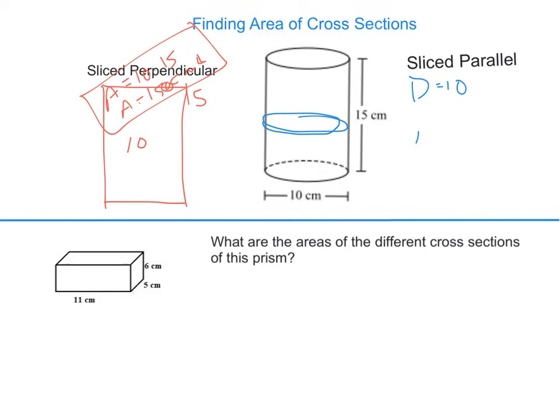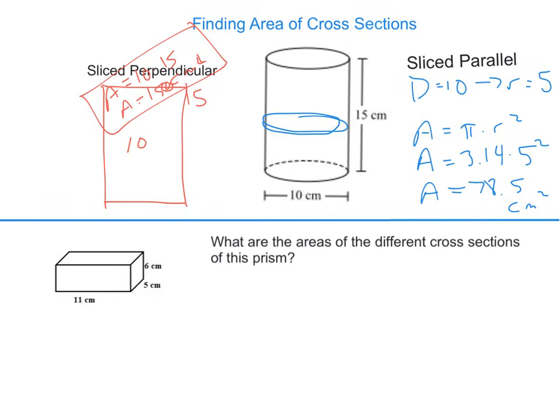Area of a circle is pi times radius squared. Well, the radius would be 5. So I need to do 3.14 times 5 squared, exponents before multiplication. So I'm going to do 3.14 times 25, and I get 78.5, again, centimeters squared.